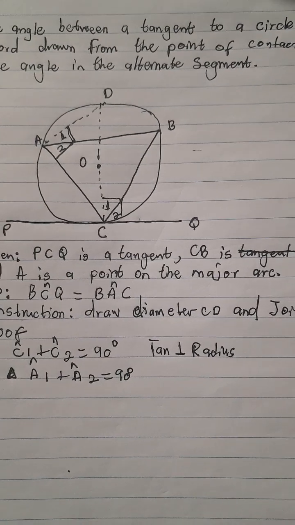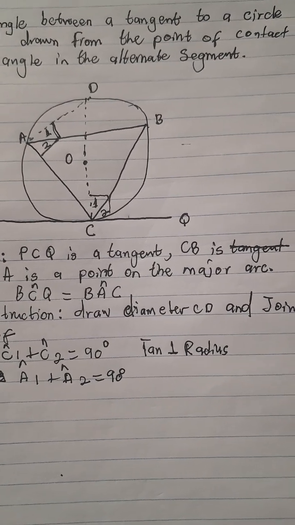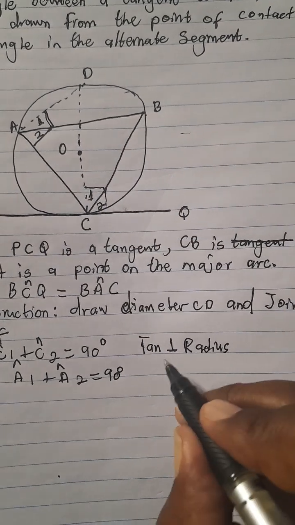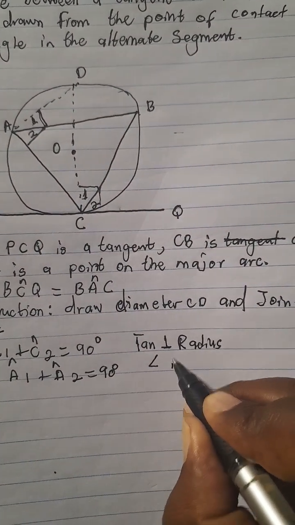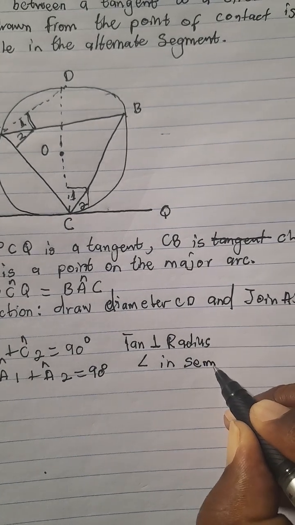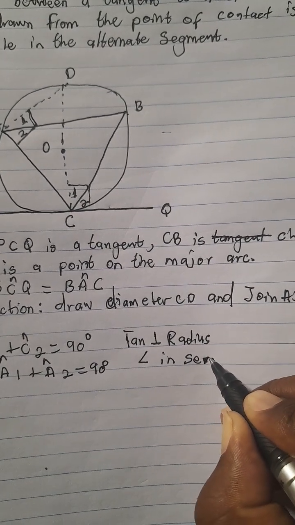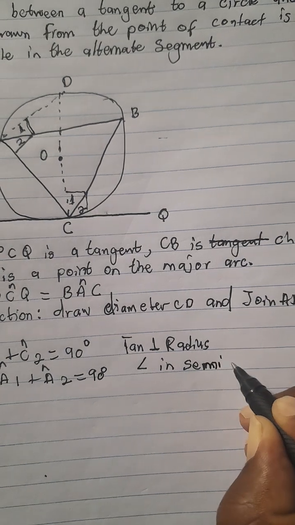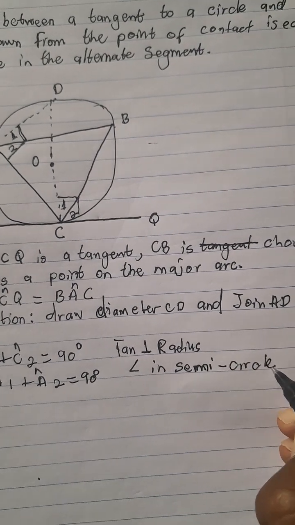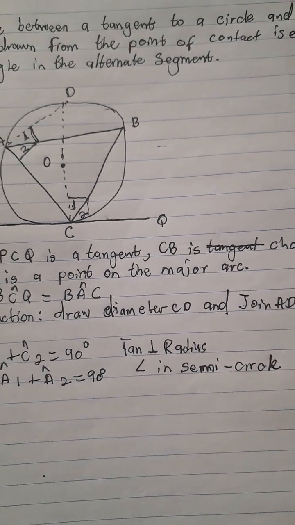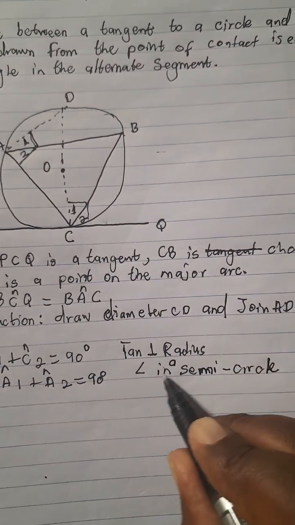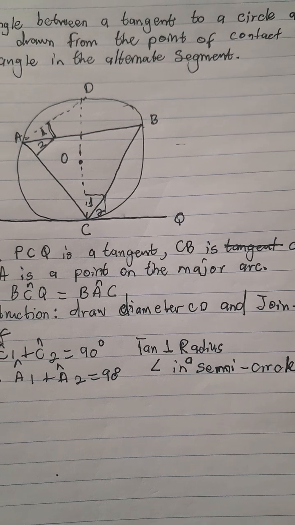Now, remember, it's no longer a full circle because the diameter divides this into 2 equal parts. So you are going to say angle in a semicircle. This will be the reason.